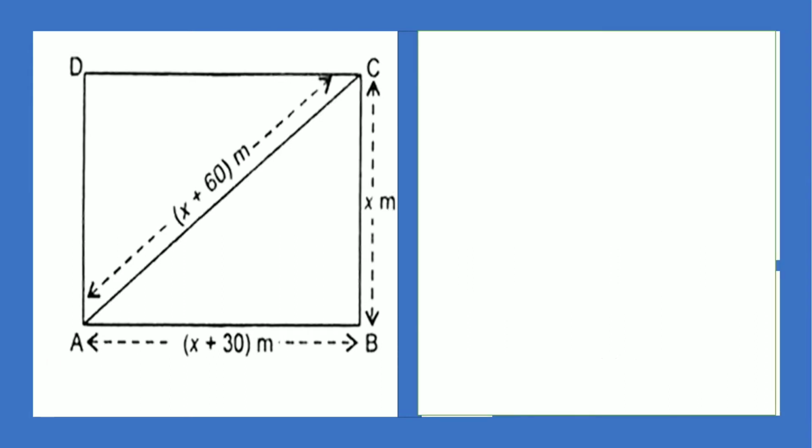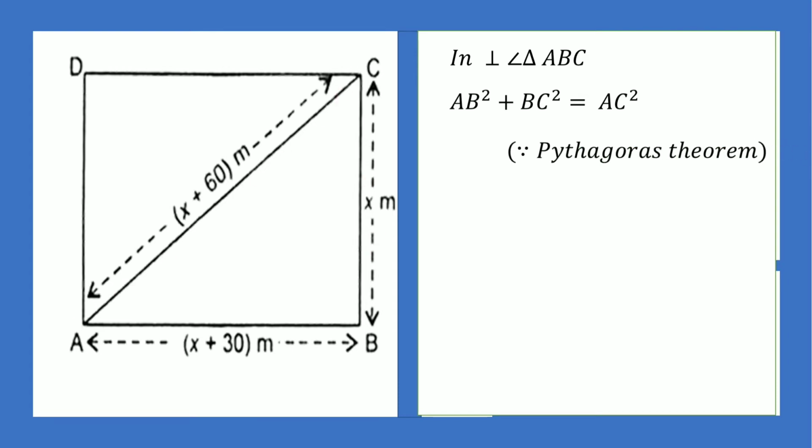That is AB. In right angle triangle ABC, right angle means Pythagoras should come. AB² + BC² = AC².